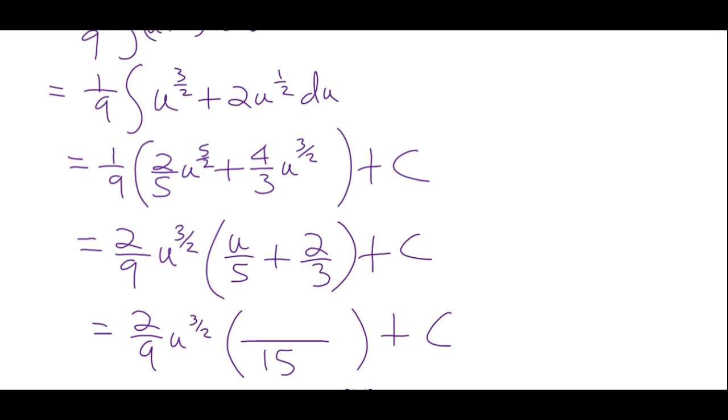Plus c, what's this? 3u plus 10. Okay, let's pull the 15 out, right? It's on the bottom, don't want it. 15 times 9 is 150 minus 15, so that'd be 135. So 2 over 135 u to the 3/2.